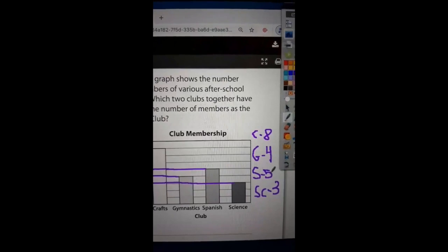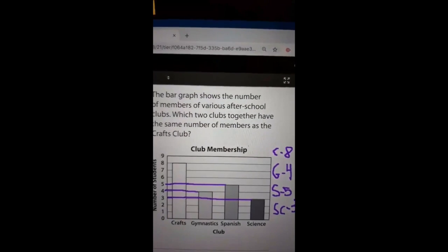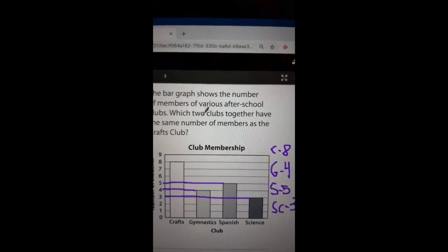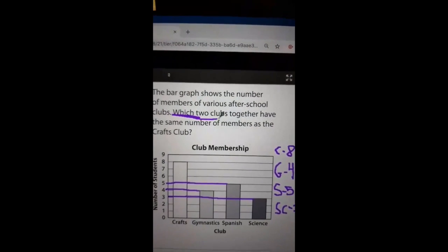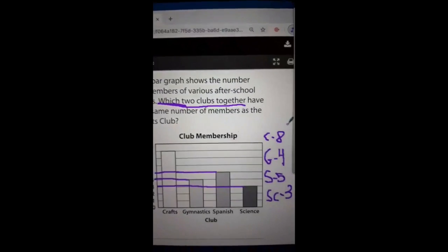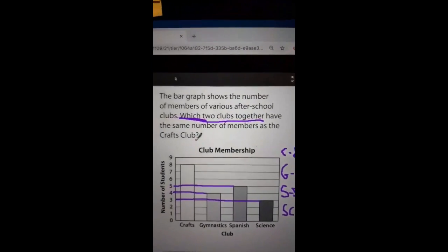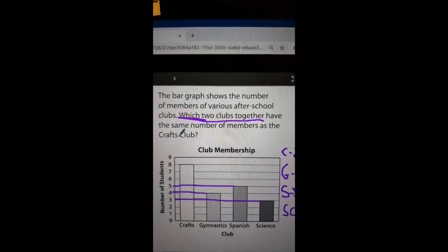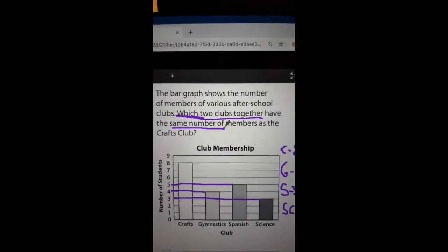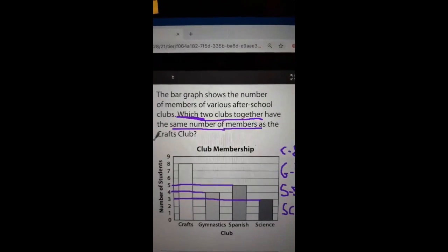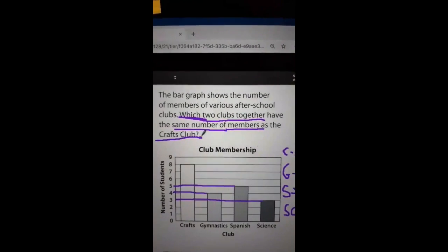Now, which of these clubs can you put together? Which 2 clubs? Because remember, it says which 2 clubs can you put together to equal 8 so that it has the same number of members as the crafts club? You want to have the same number of members as the crafts club.